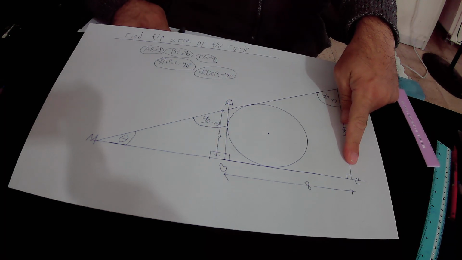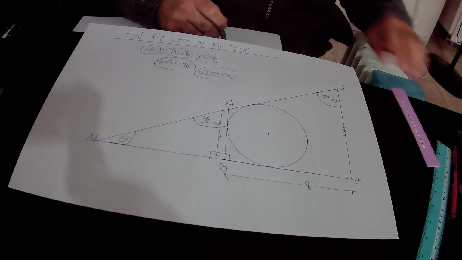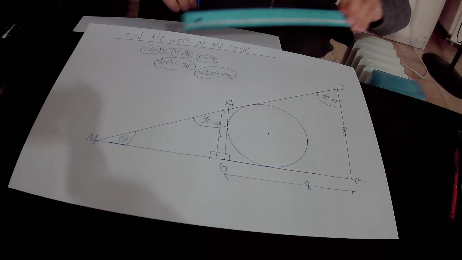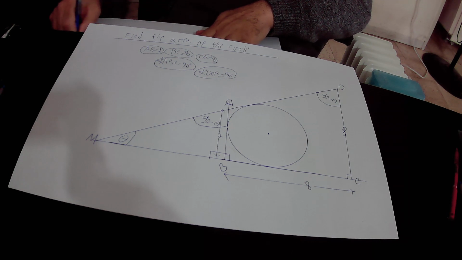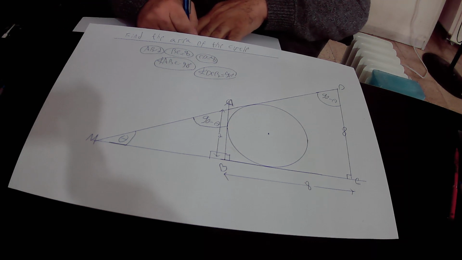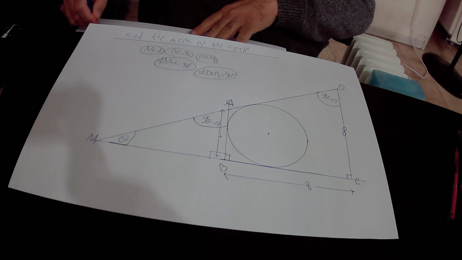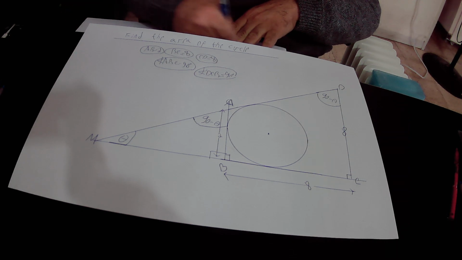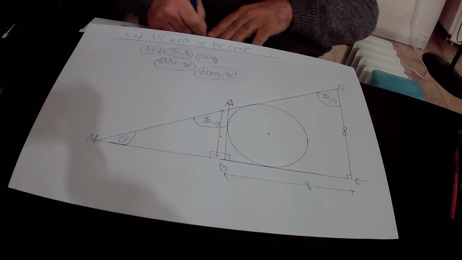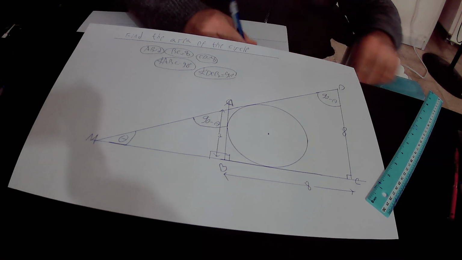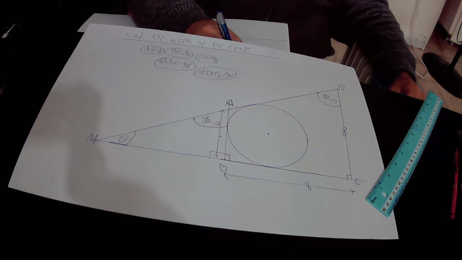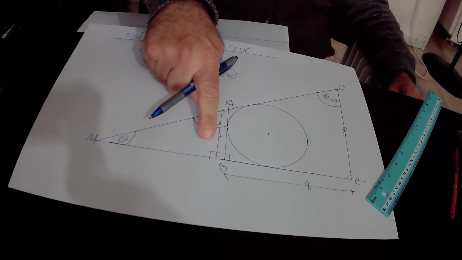This is angle DCM in the big triangle. That is equal to this angle in the small triangle.